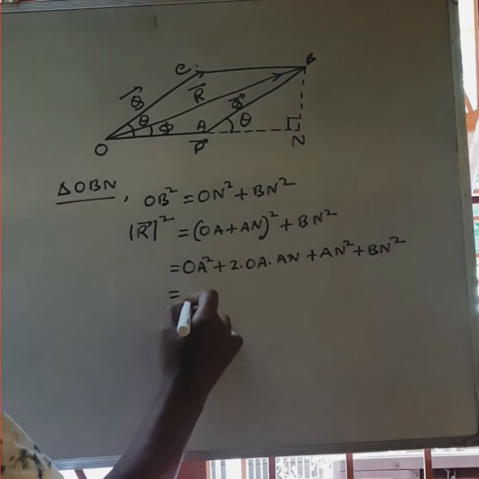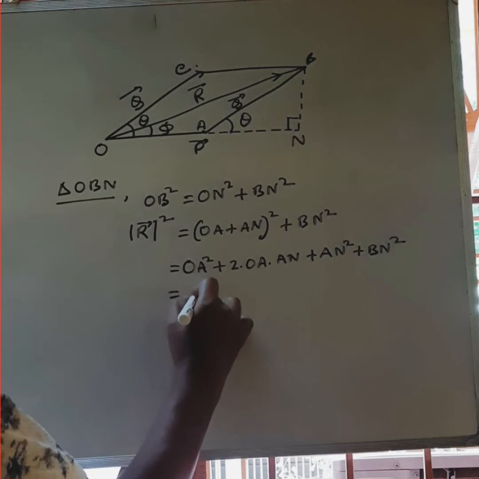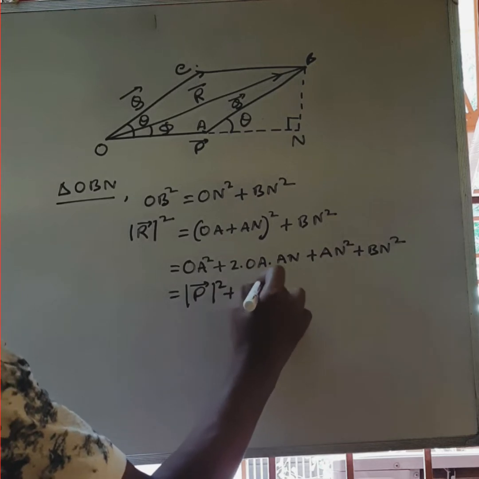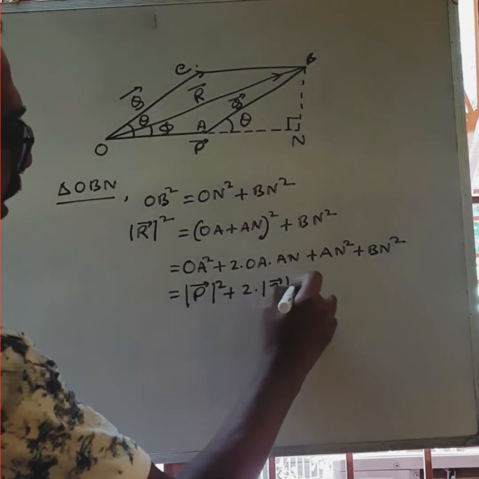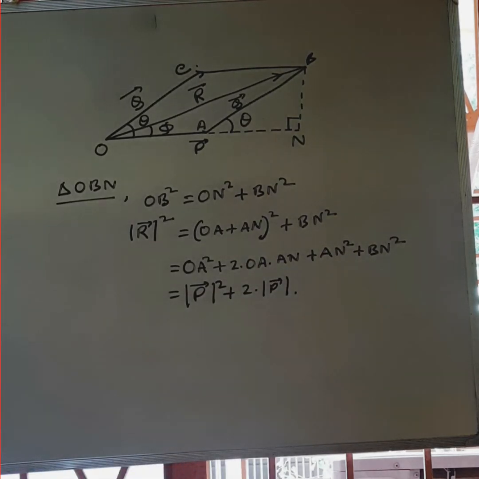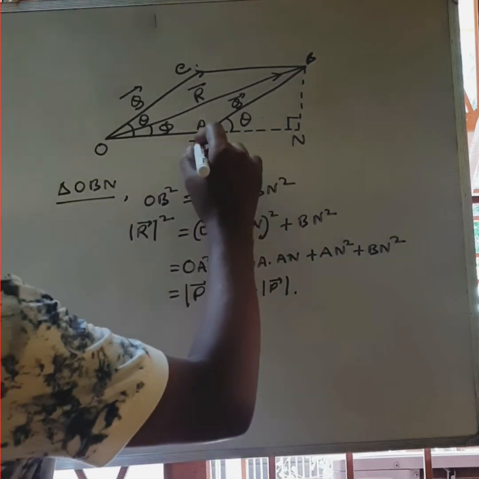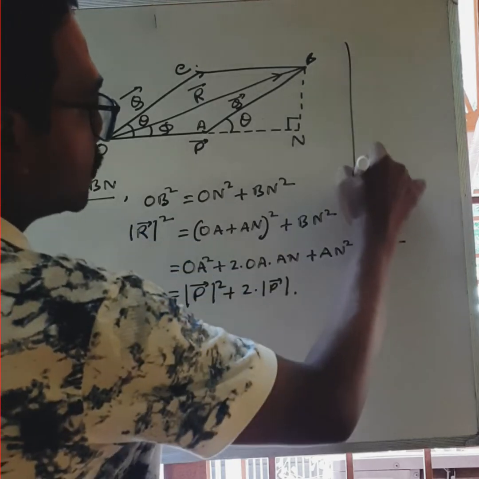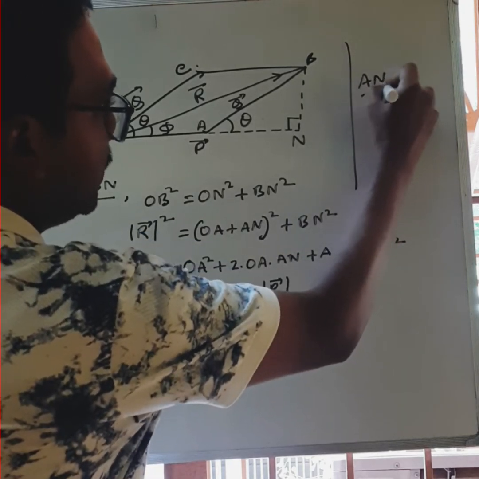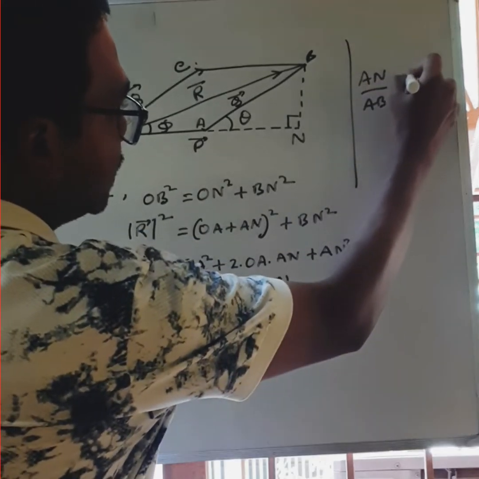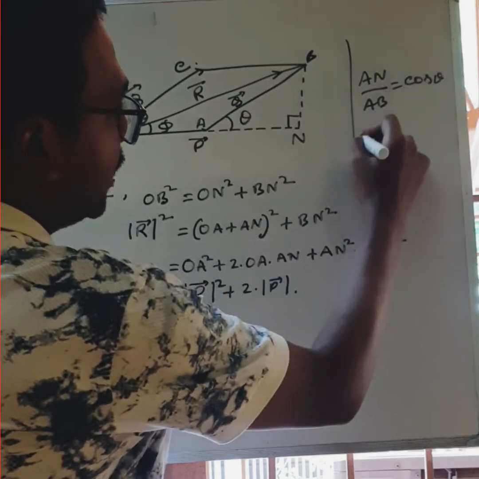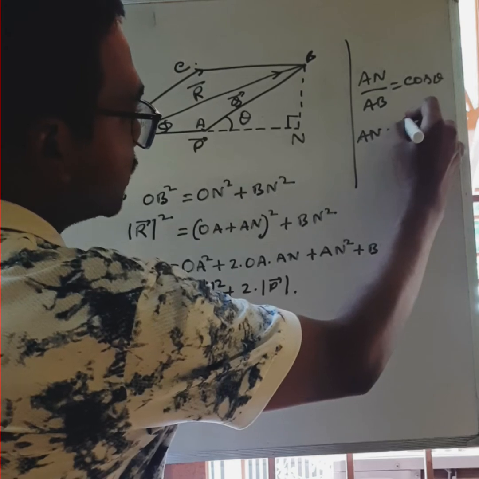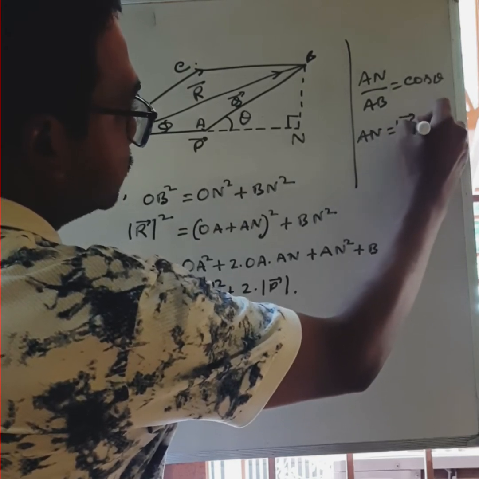OA is nothing but P square, plus 2 into magnitude of P. AN is nothing but, you can take AN by AB, you may also have the rough work. AN by AB is cos theta. So AN equals AB cos theta, that means Q cos theta.